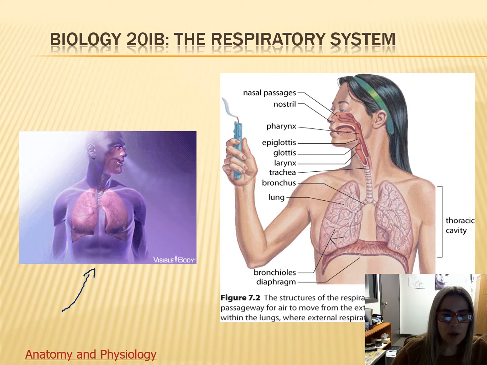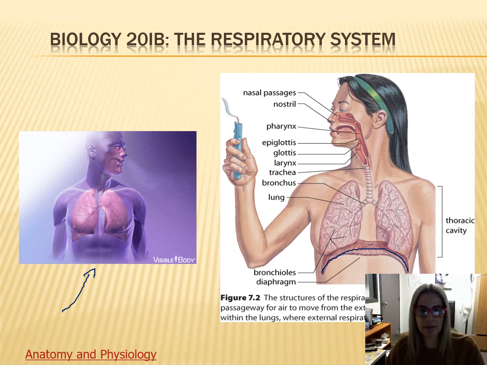And so you can notice here that air is going in through the nasal cavity and then traveling down the trachea, and then eventually into the bronchi, into the bronchioles, and then where the gas exchange actually happens is in the alveoli. And you can see at the bottom here that there's that dome-shaped muscle, and if we look over on our graphic over here, that's called the diaphragm, and that's one of the major muscles of breathing that controls the pressure in the lungs by either expanding or contracting.